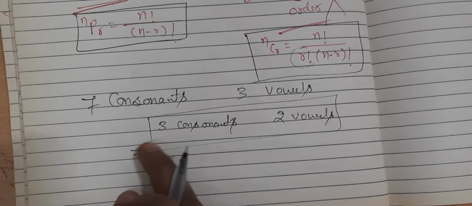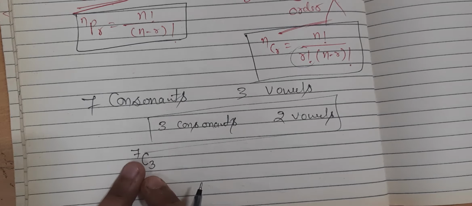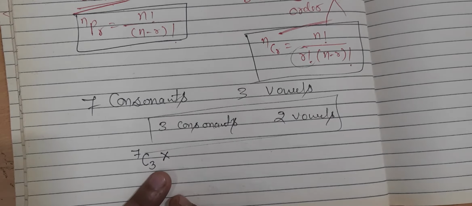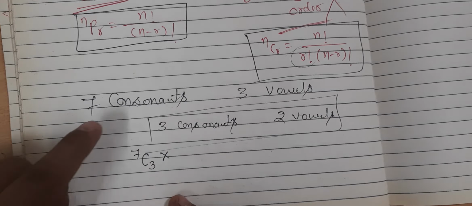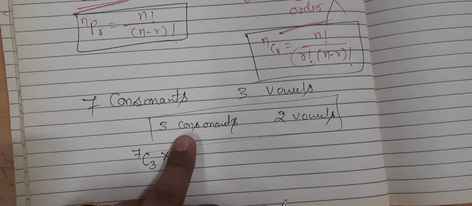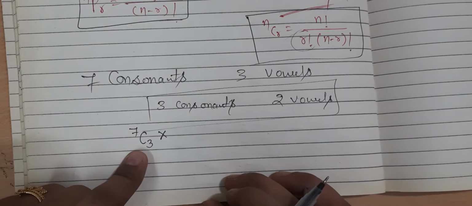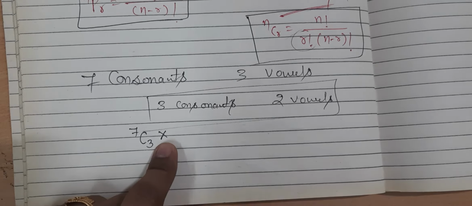So this is an incomplete question. It means here we will put a multiplication sign, the principle of multiplication for a dependent case. So we have to select 3 consonants and 2 vowels. So out of 7 consonants we are selecting 3.